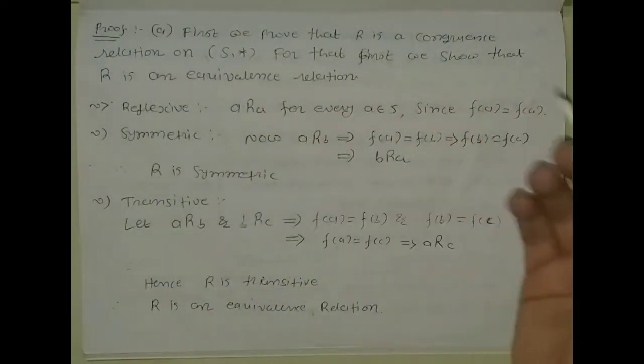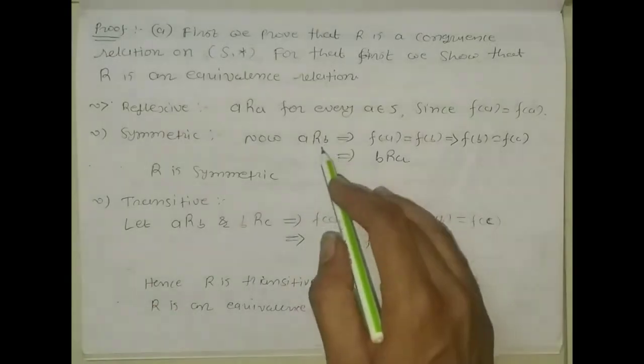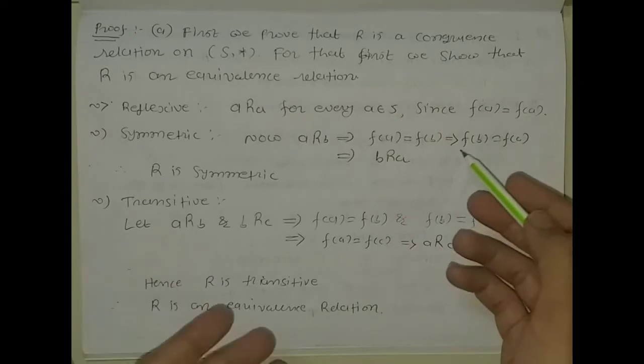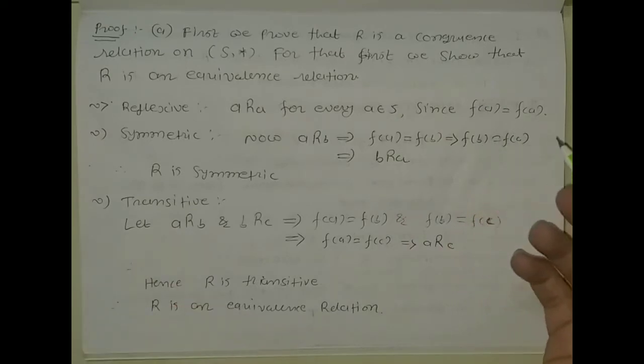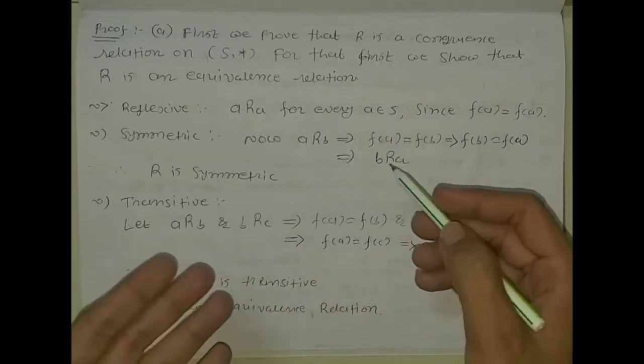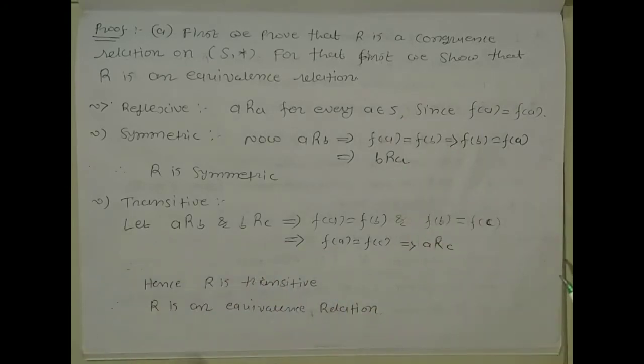Now the symmetric property. A is related to B implies that f of A is equal to f of B, which can also be written as f of B is equal to f of A. So we can say that B is related to A. So the symmetric property is satisfied. Third is the transitive property.